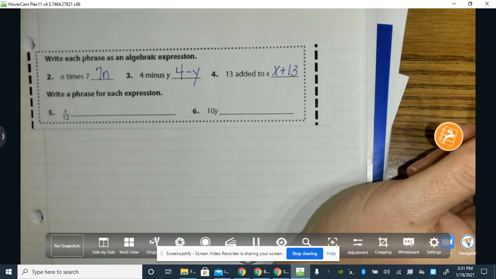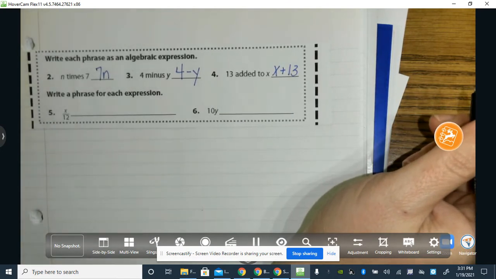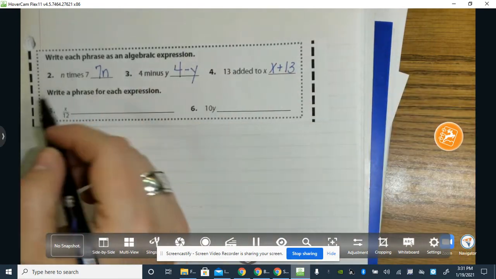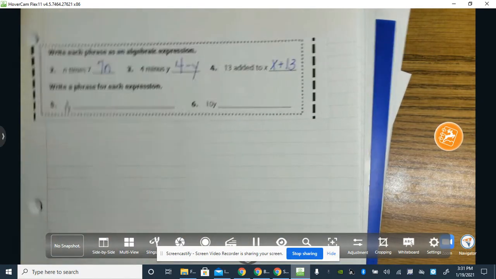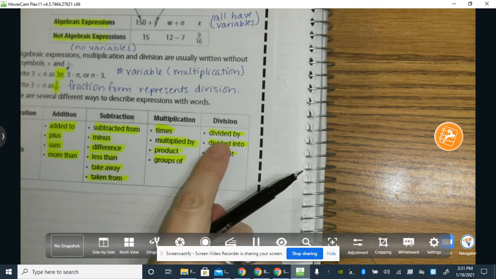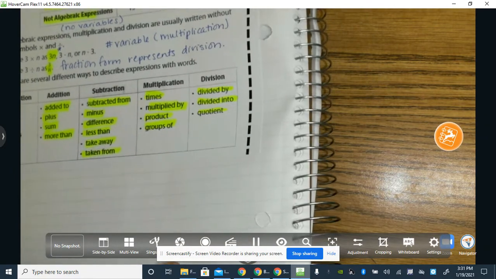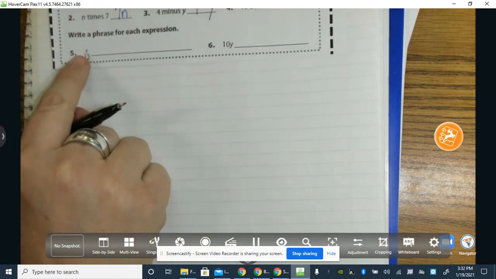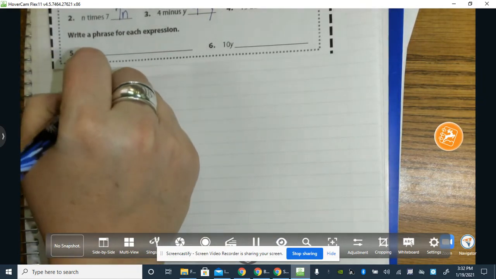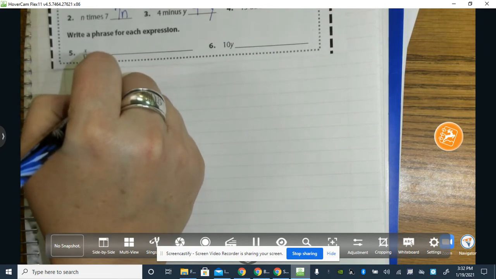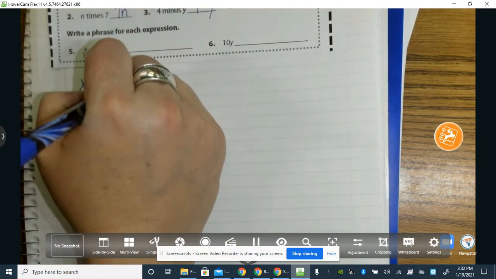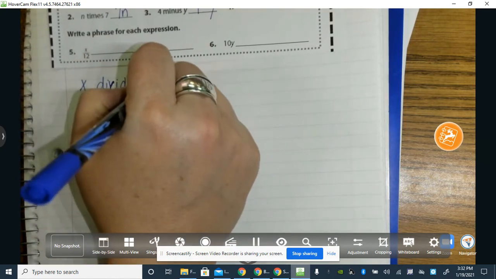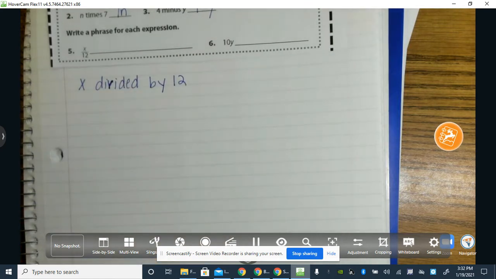All right, my next one is number 5. This is a division problem because I know it's fractions. My division phrases are divided by, divided into, and quotient. So divided by: I can say x divided by 12.